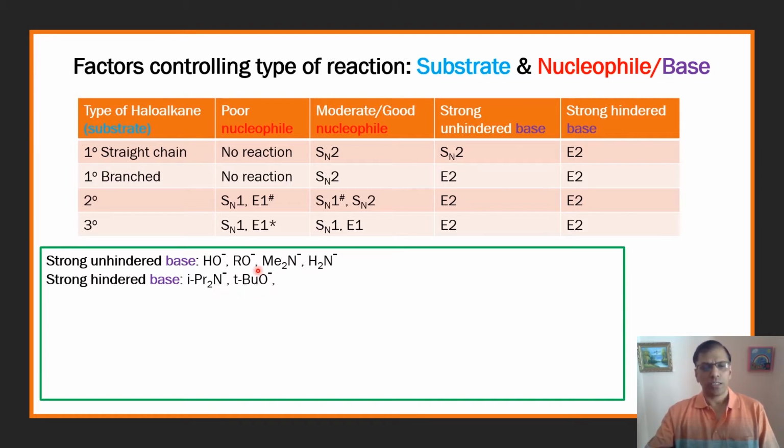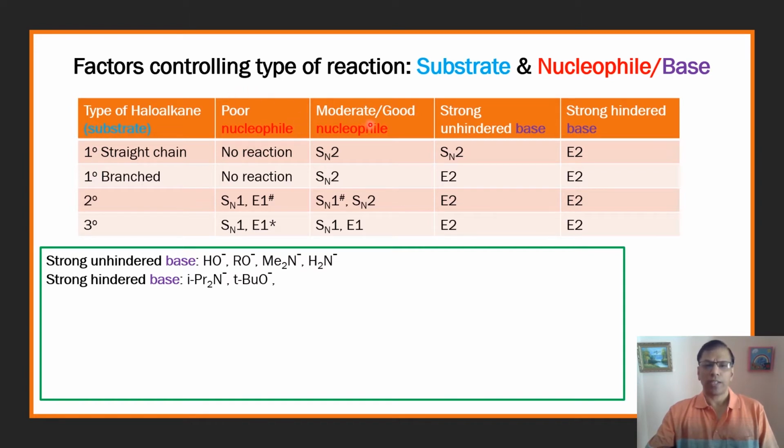So if you see a hindered base, that means the reaction will always proceed to E2. Whenever you see a base, it's going to proceed to E2 with the exception of primary straight chain haloalkanes. And this is typically true for any other leaving group. In these haloalkanes, the halo group is the leaving group.